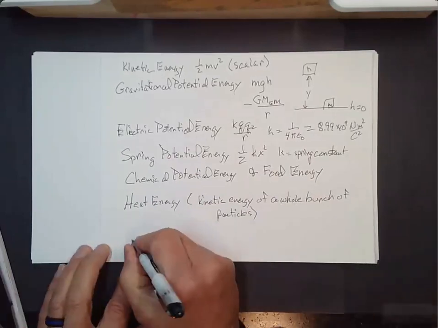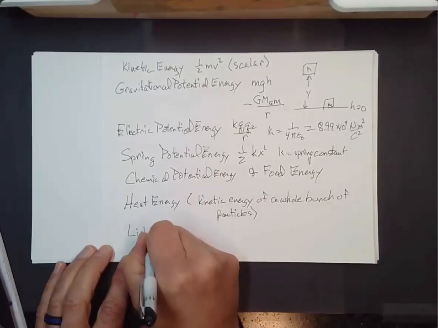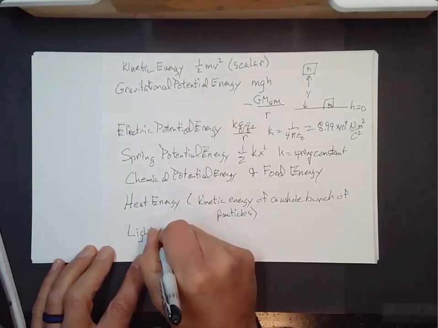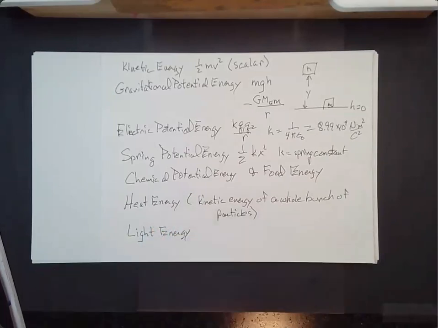And then there's one, well, actually, there's light energy. Light carries energy. And Einstein proposed way back in 1905 that light, besides having a wave-like nature, also has a particle-like nature.